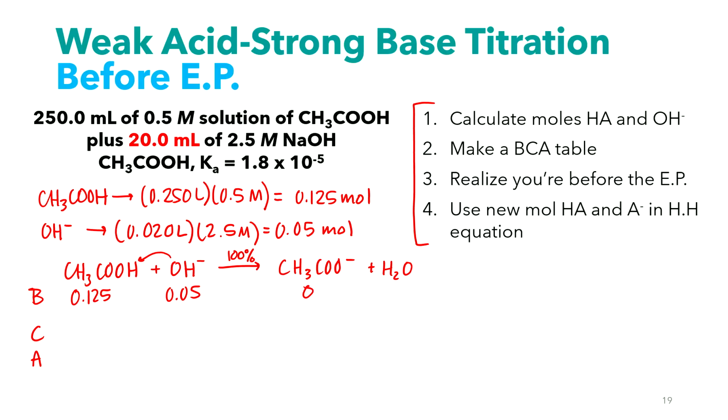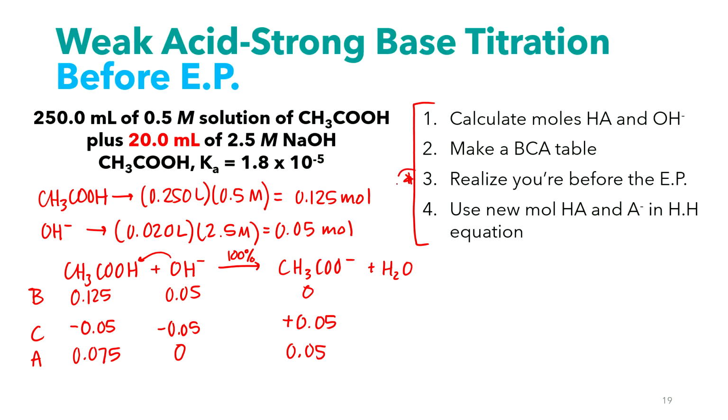Notice that our OH minus is the limiting reactant, so I'm going to subtract that. We consume all of it, and in that process we're making our conjugate base. So I'm going to have 0.075 of my CH3COOH. We've consumed all of the OH minus, and I have 0.05 of the conjugate base, of the CH3COO minus.